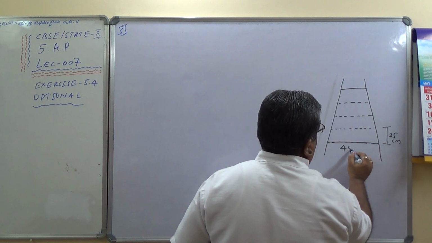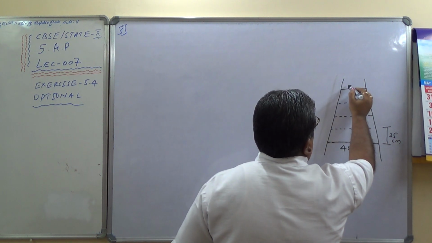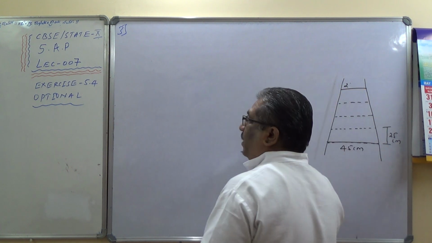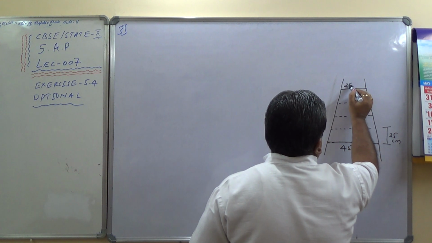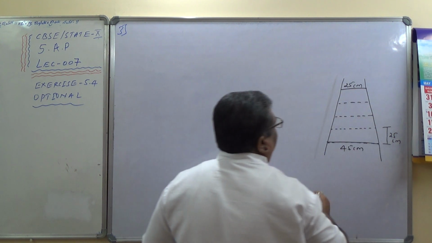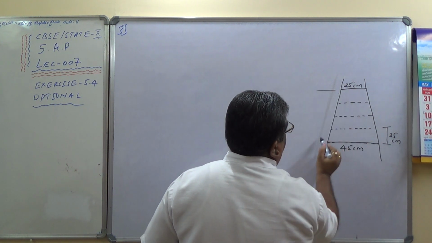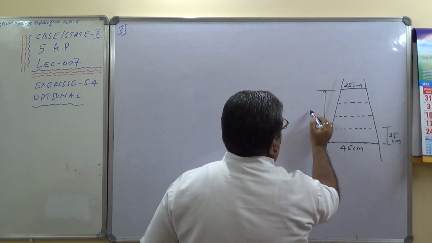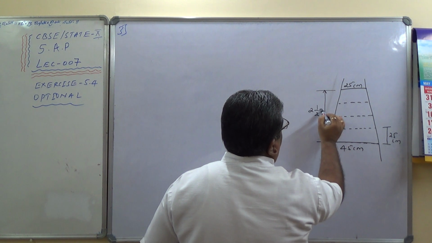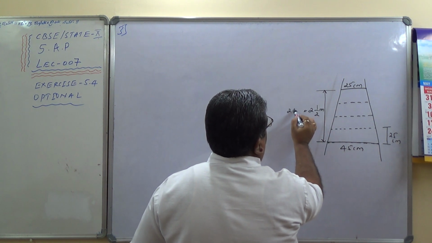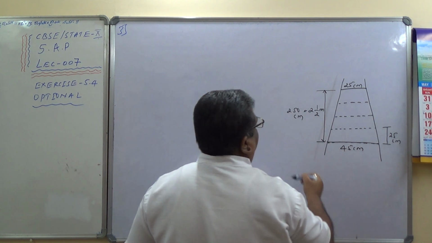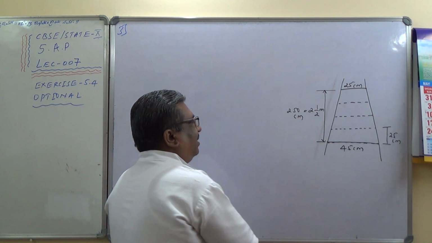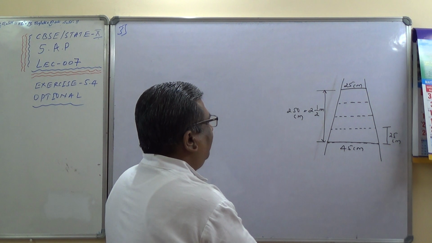Length of this is 45 centimeter. Length of this last rung is 25 centimeter. And from here to here, this distance is 2.5 meter, which is 250 centimeter. Let me keep everything in centimeter. 2.5 meter is nothing but 250 centimeter.